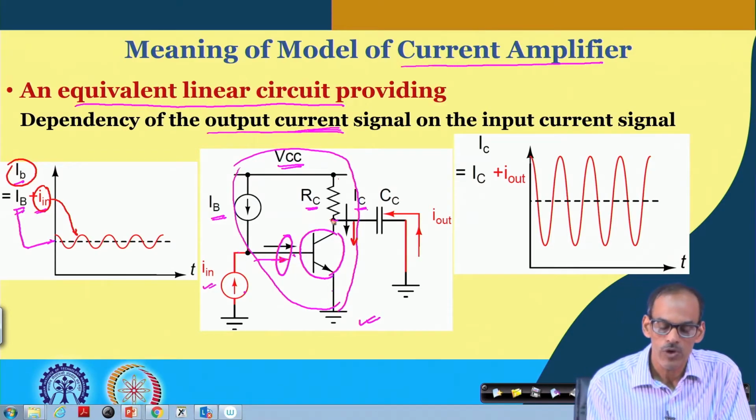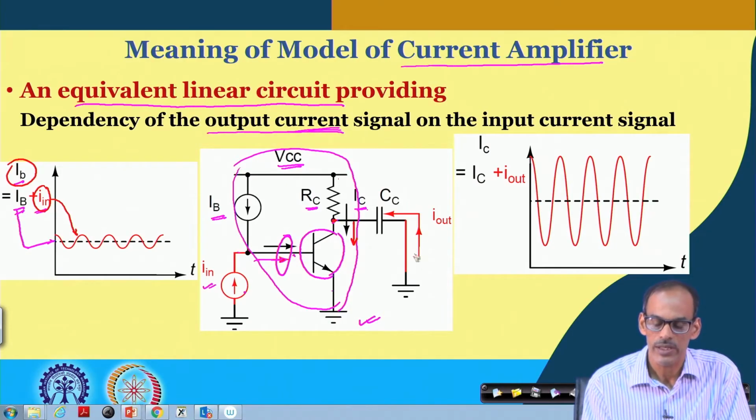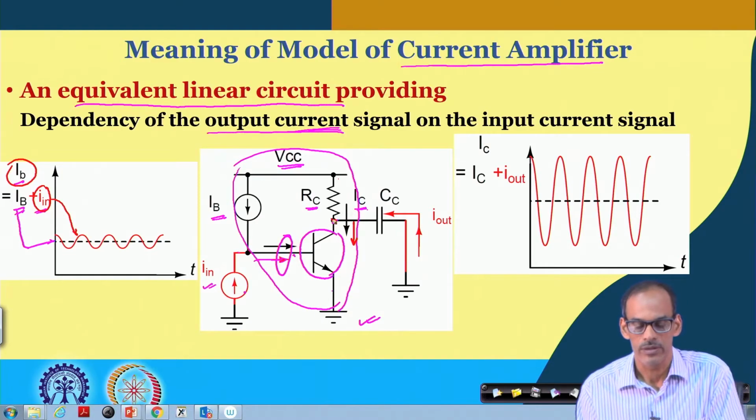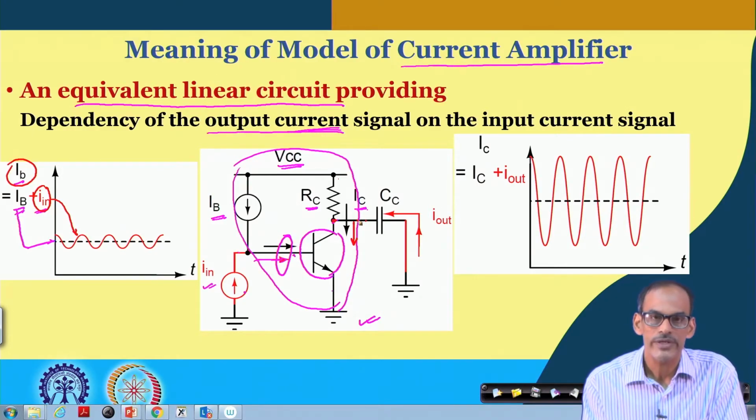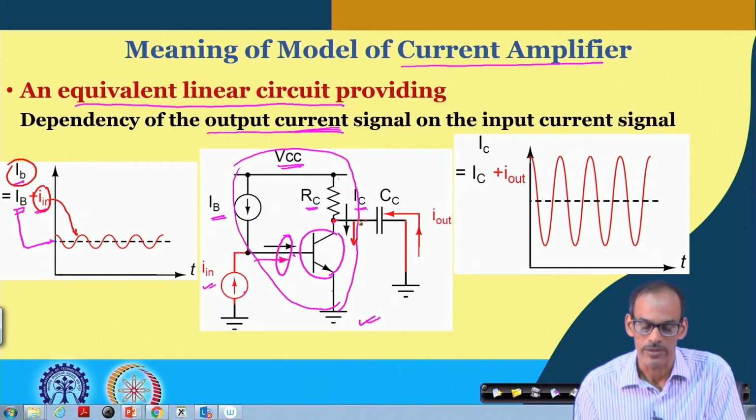Now, if you observe the voltage at the collector without making any connection here, you may see the voltage changing there. But if we are looking at this circuit as a current amplifier, then at the output we would like to extract the signal in the form of current. So, what do we do?